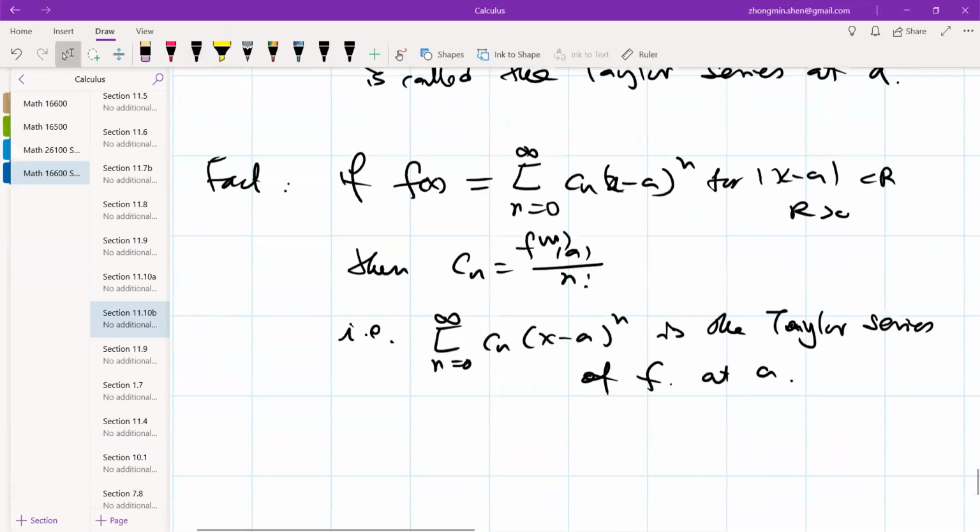So that means you can use an already known power series representation of a function, and use the already known result to find the Taylor series.